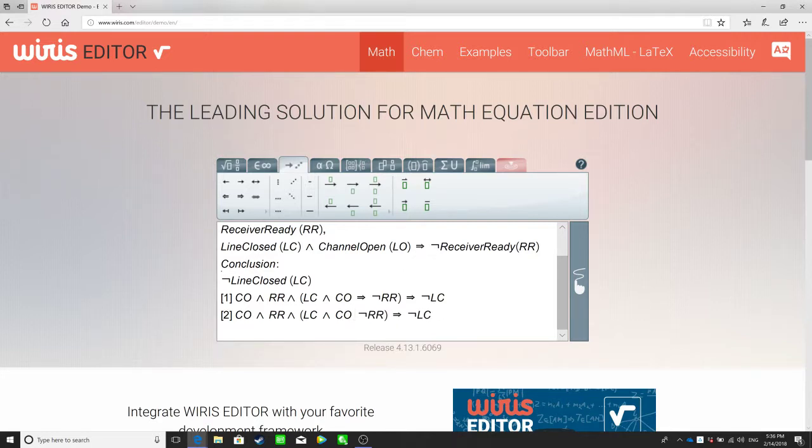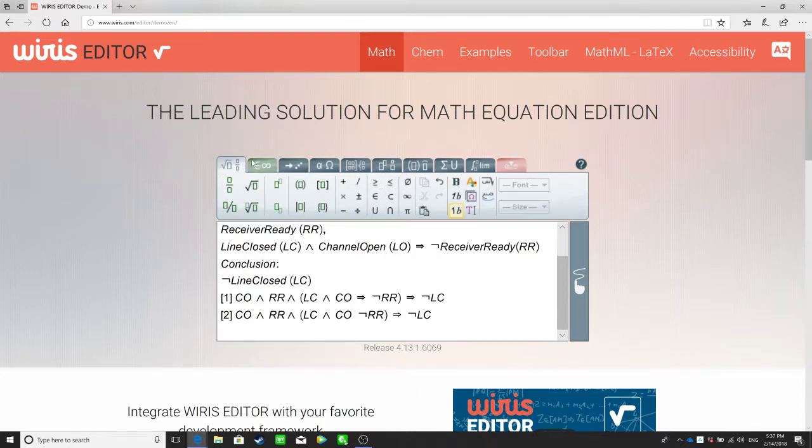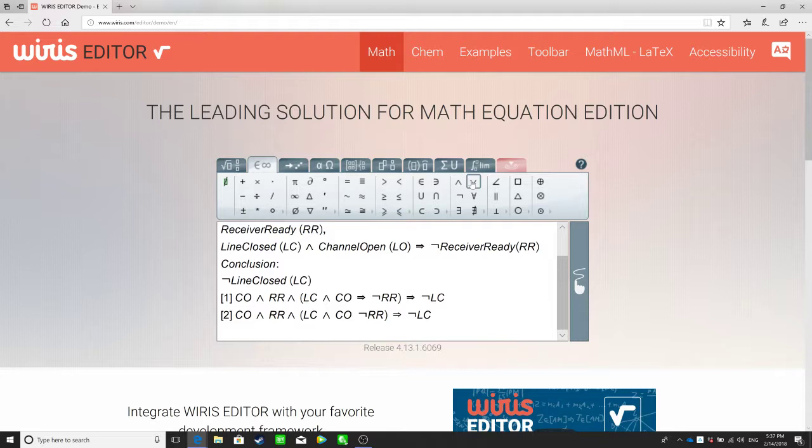We change the implication to or, and don't forget we need a negation here.